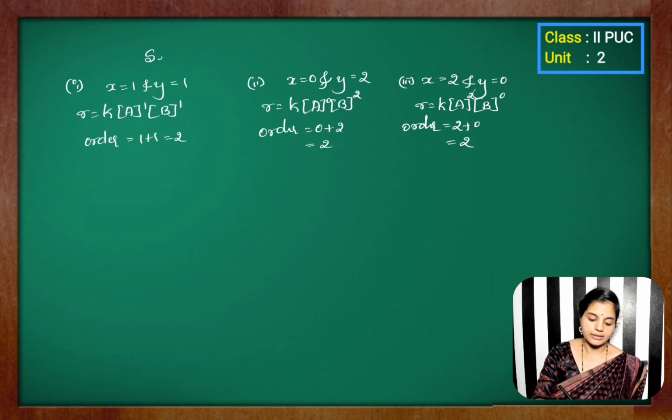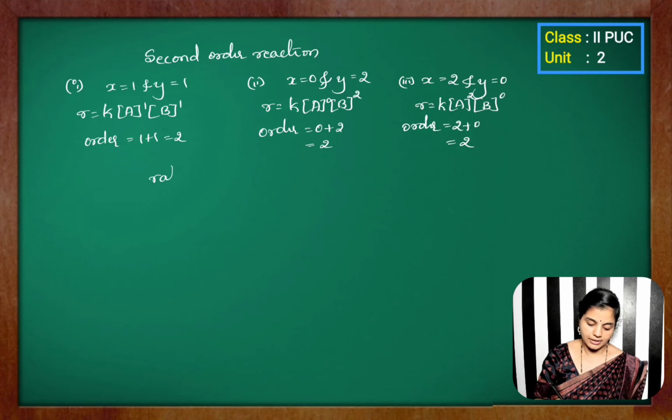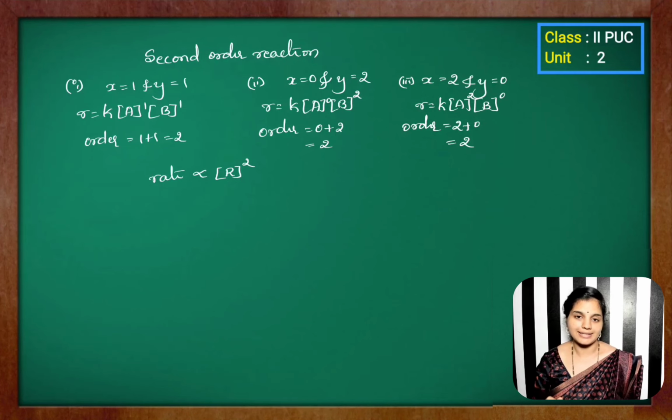Therefore, this is called a second order reaction. Here you see that the rate of the reaction is directly proportional to the second power of the concentration. So that is, rate is directly proportional to concentration of reactant raised to 2 in simple terms.